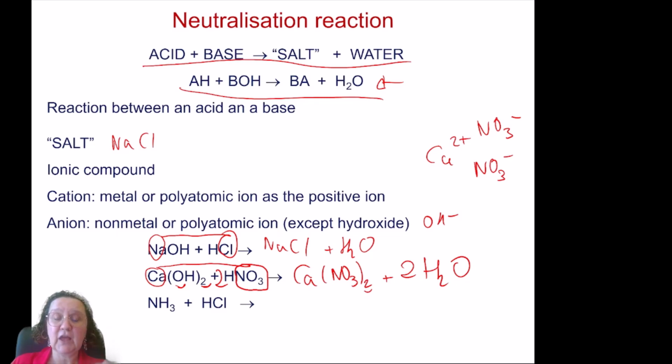Ammonia is a base, hydrochloric acid is an acid. What do bases do? They accept hydrogen ions. What do acids do? They donate hydrogen ions. So your ammonia is going to accept one hydrogen ion from the hydrochloric acid. How do you end up?